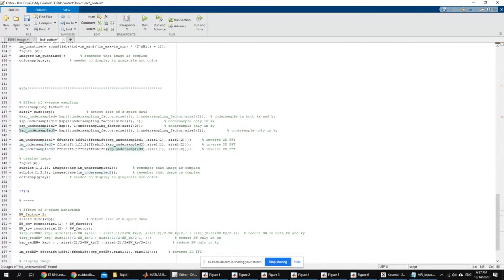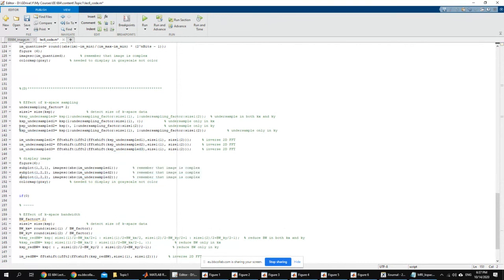I'm going to add another figure here so that you can see all of them. Sorry. This is figure 6. We already have figure 6. Let's make it figure 7. Okay. Let's try that.